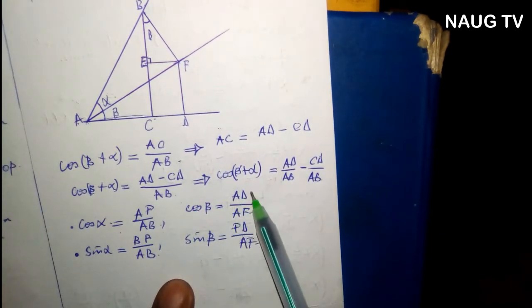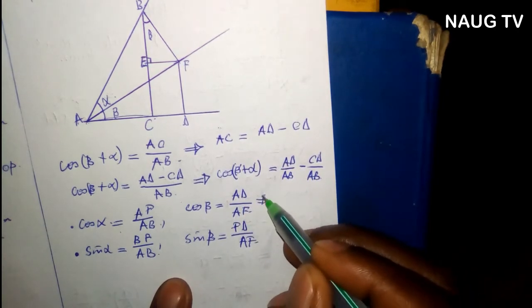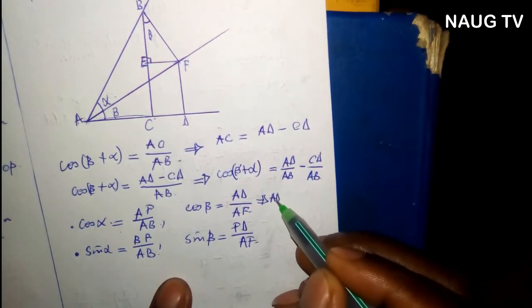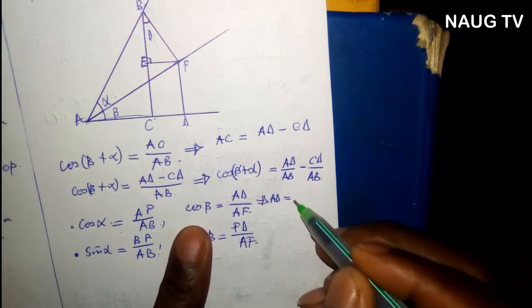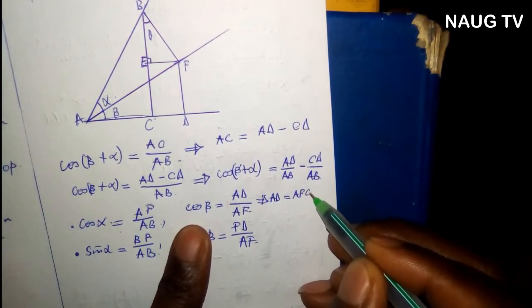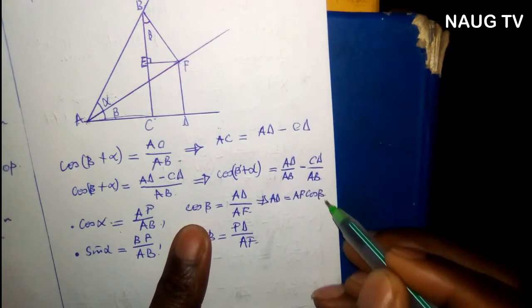Now at this point we can calculate the value of AD. AD would be equal to AF cosine beta.